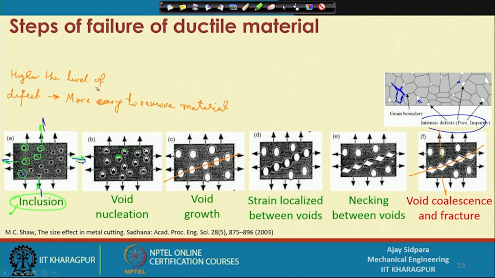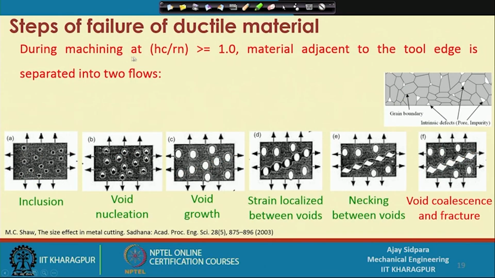This decides how much energy is required to remove the material, but that does not mean defects should be present. We need a defect-free material, but no material is defect free. These things are available, and because of that you get material removal by different mechanisms.